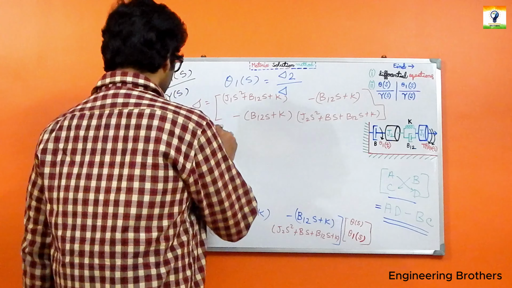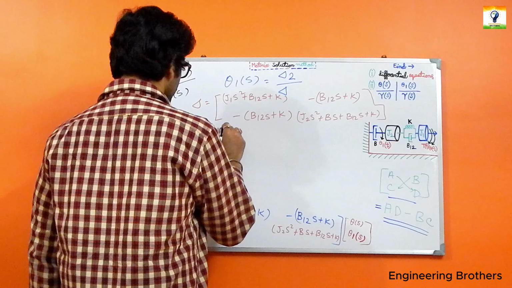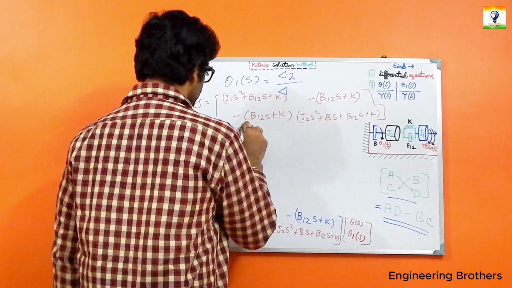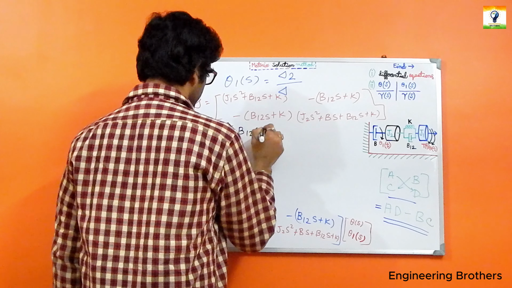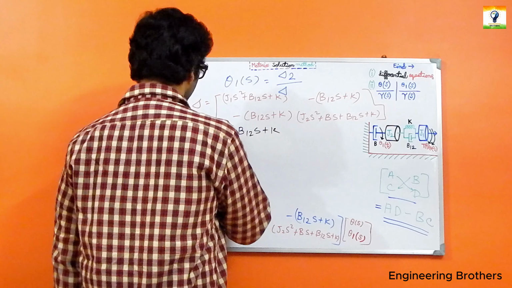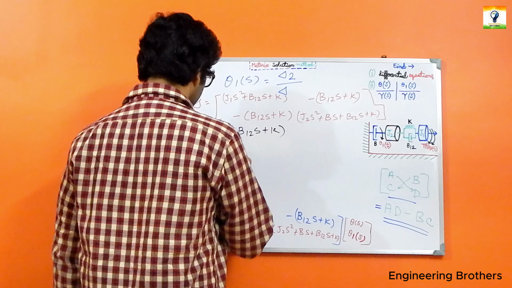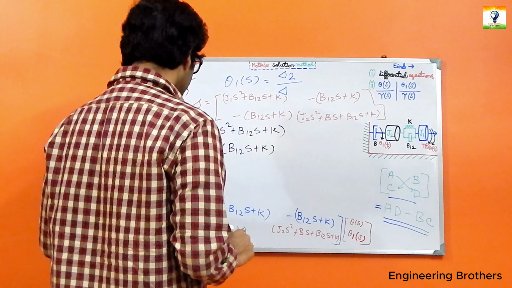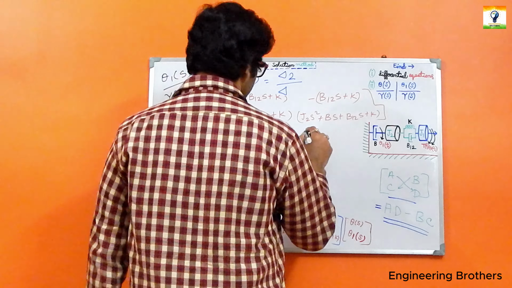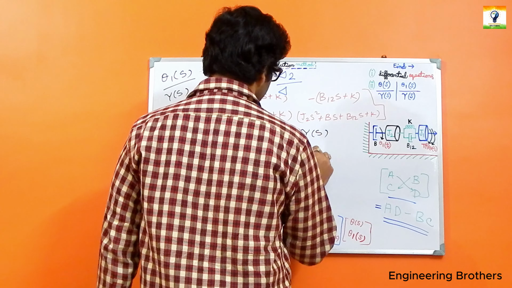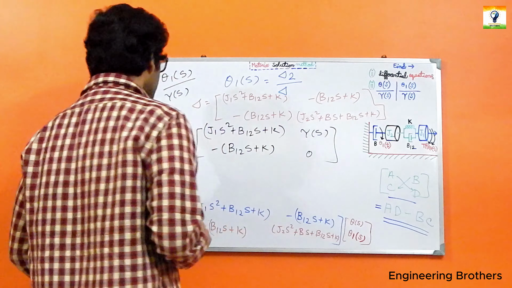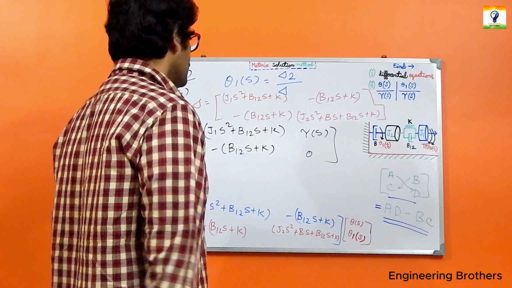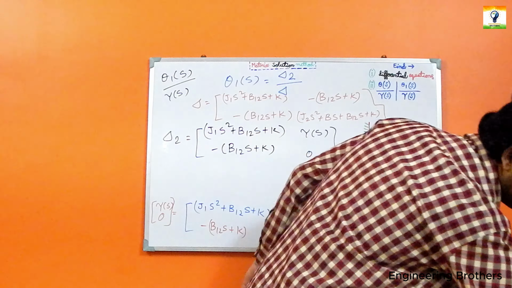So for delta 2, we write J1 s squared plus B12 s plus K, and this one is minus B12 s plus K, and this second element is replaced by tau s, and this one is 0. This is the ultimate equation for our given matrix solution.